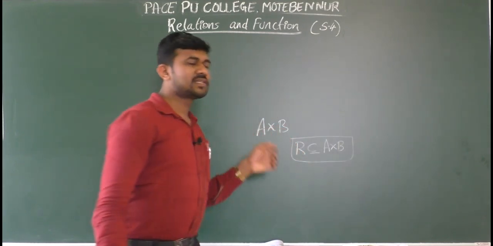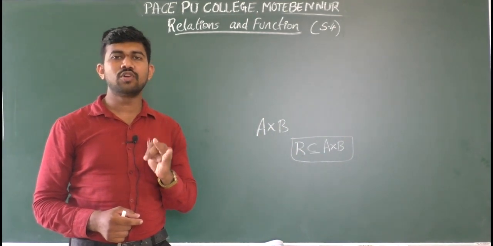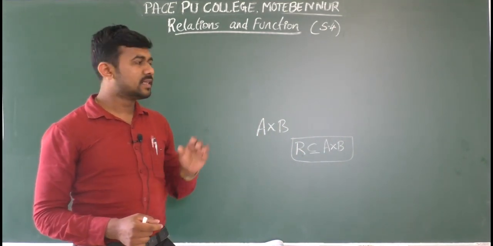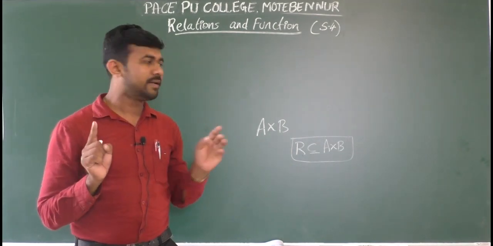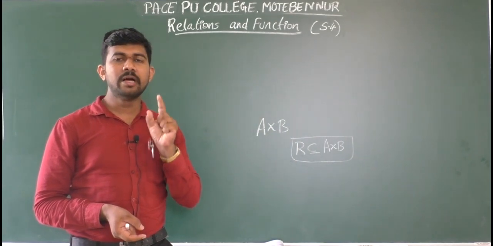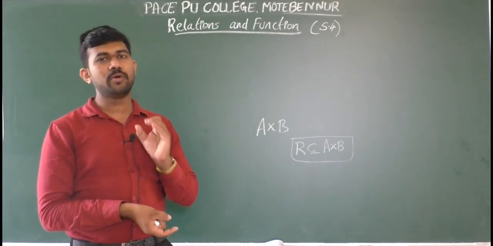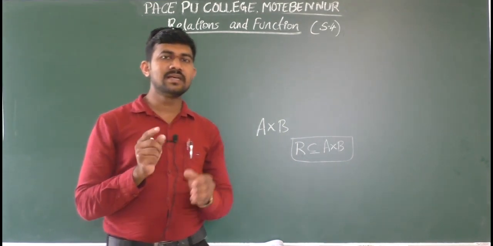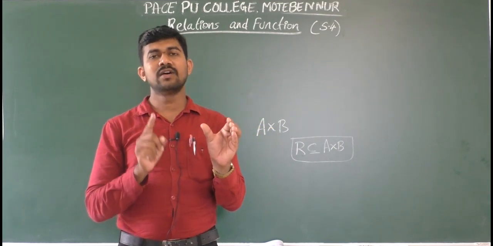And we've seen there are three terms: domain, range and codomain. Domain means the set of all first components of the ordered pairs in a given relation. Similarly, range means the set of all second components of the ordered pairs of the relation.